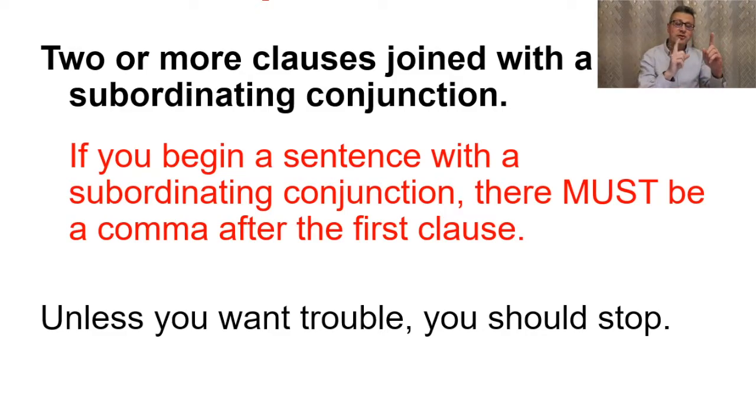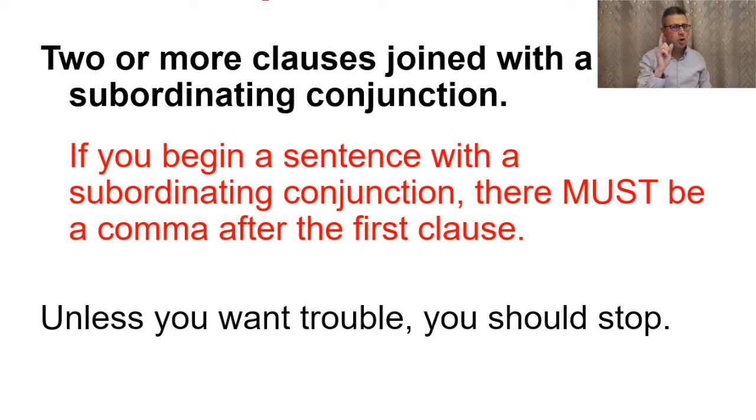Aha. When you have a subordinating conjunction at the beginning, then the sentence is not complete because you're saying, unless you want trouble, okay, what comes next? Since it's a dependent clause, a dependent sentence, you begin with unless, then what do you have? A comma. So, unless you want trouble, comma, you should stop.